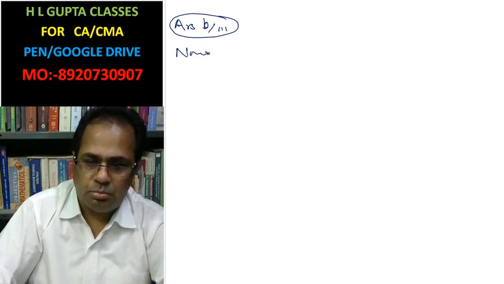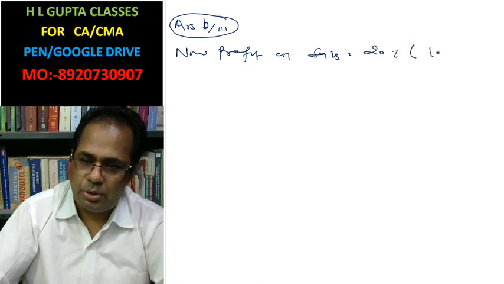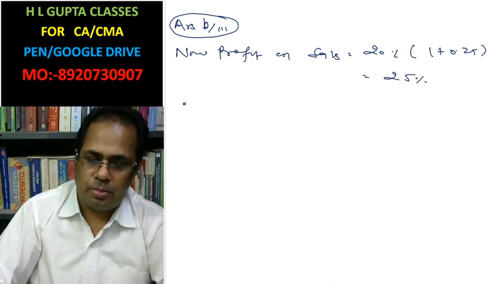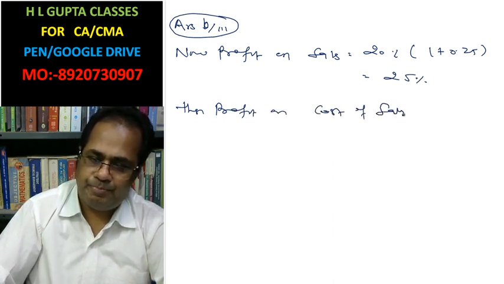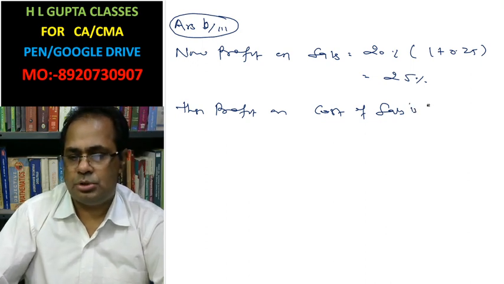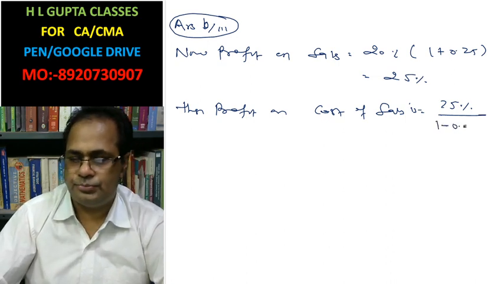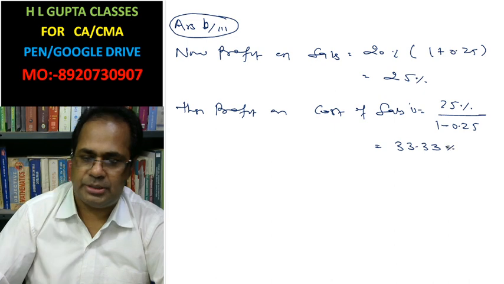Now profit on sale: 20% times 1 plus 0.25, that equals 25%. Then profit on cost of sale is 25% divided by 1 minus 0.25, that is 33.33%.